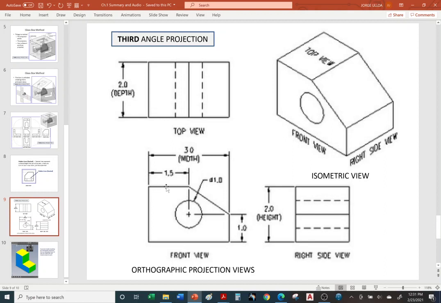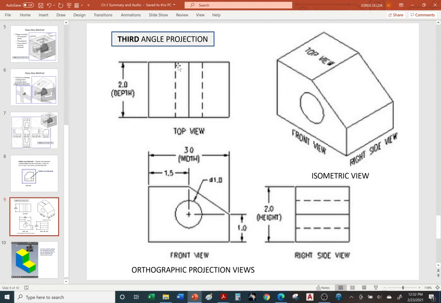The top view, right? The top lines up with the top here. The bottom lines up with the bottom, and so on. We have this edge, right? This line here, this edge lines up with this one. And the top quadrant and lower quadrant of the hole lines up with the dashed lines, right? So these dashed lines represent the hole going through all the way from the front through and out the back.